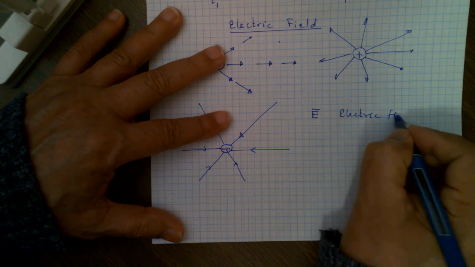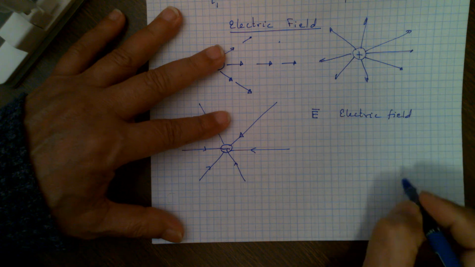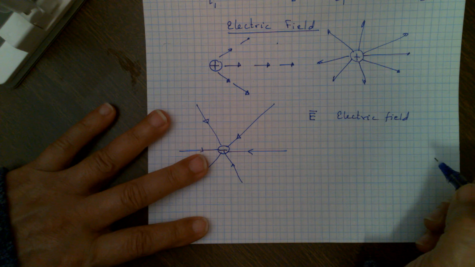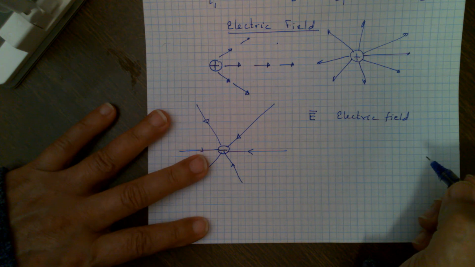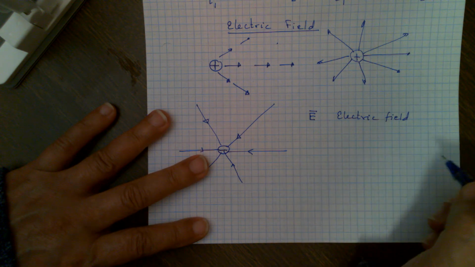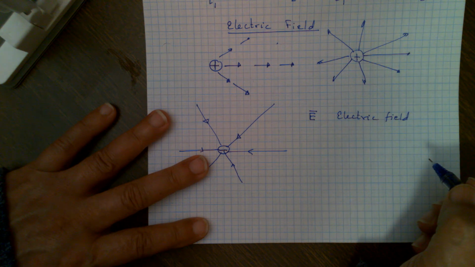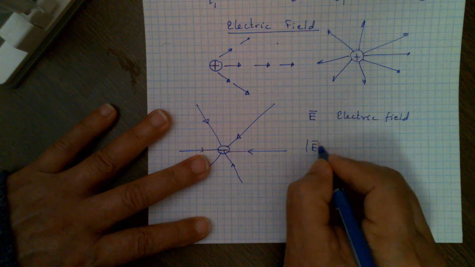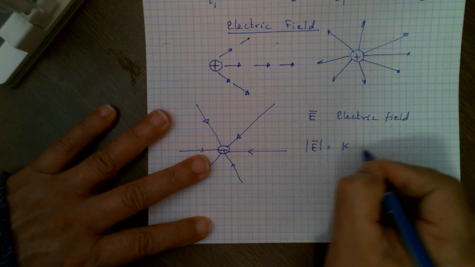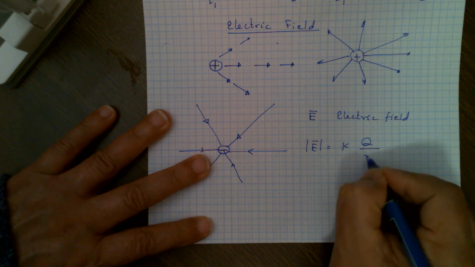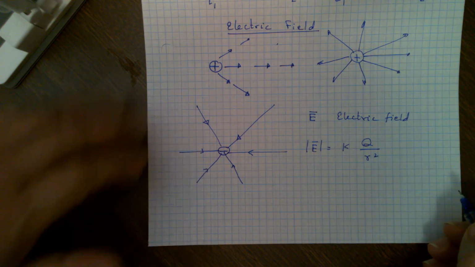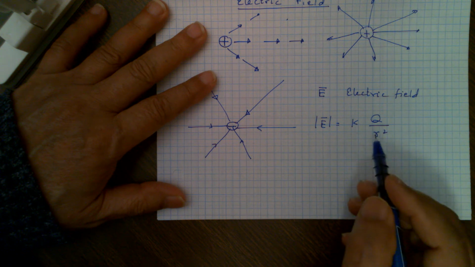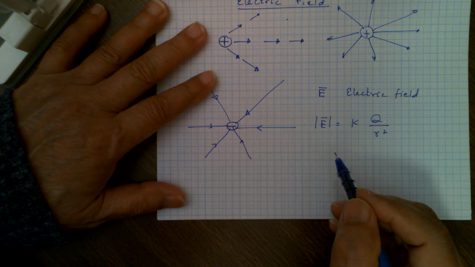This electric field has a formula. If you want to find the magnitude of electric field at a point, a given distance away from a charge, the formula is this. E magnitude will be kq by r squared. Okay? So it's very similar to the formula for Coulomb's law, right?